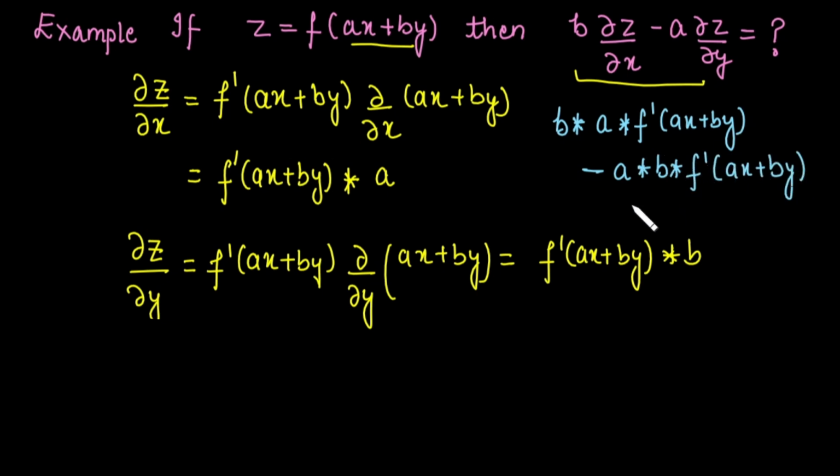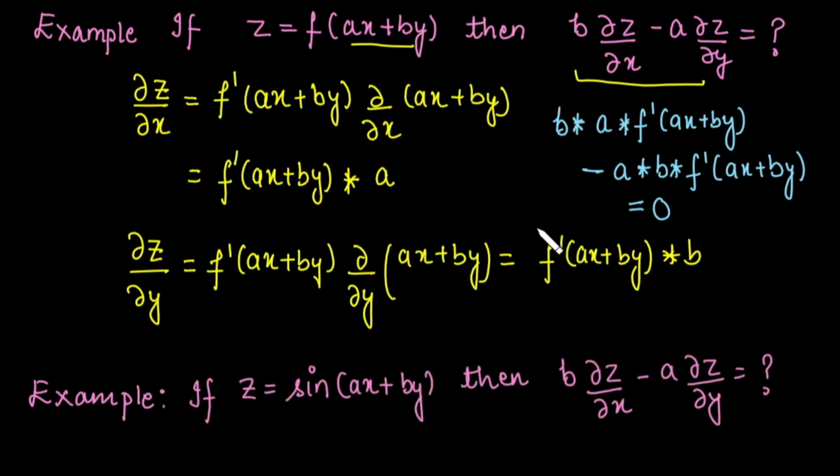This term is equal to 0. In this case, the answer is 0. Now, why are we taking this form? As per this question, the function is not given to you. Suppose the function is given, that is sine, and this internal term is as it is, then evaluate this term, you will get 0.